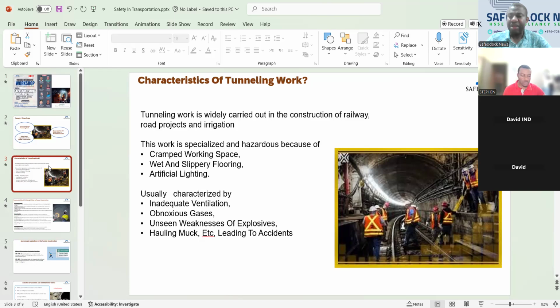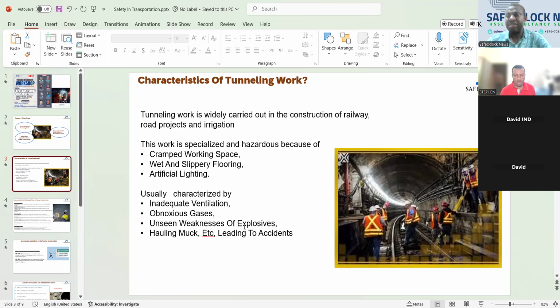And when the tunnel has gone far, there will be artificial lighting. You'll be depending on the light inside the tunnels. That makes it a specialized form of activity whereby you are not using natural light. So this type of light will be very useful. Now, it's always characterized by inadequate ventilation because it's an enclosed place. So there's going to be poor ventilation.